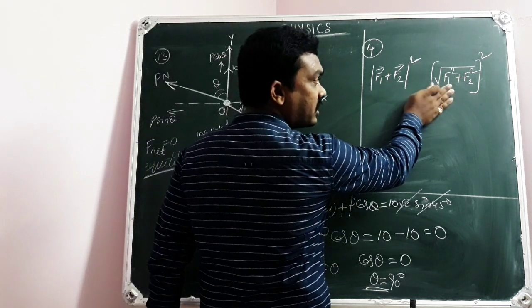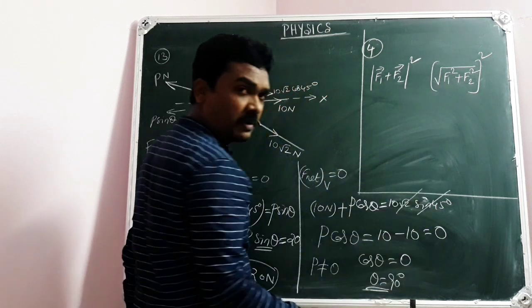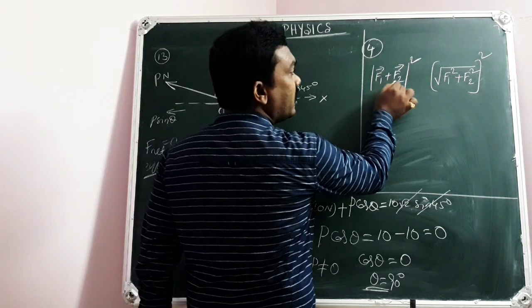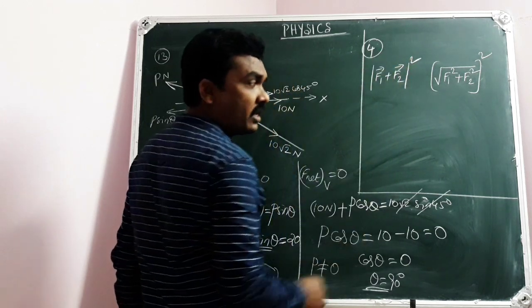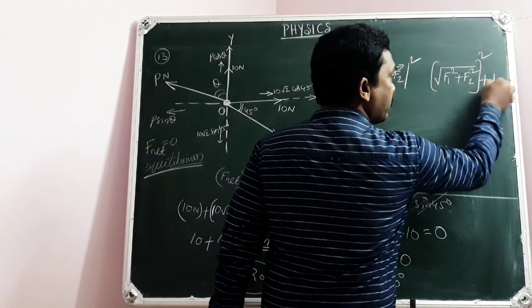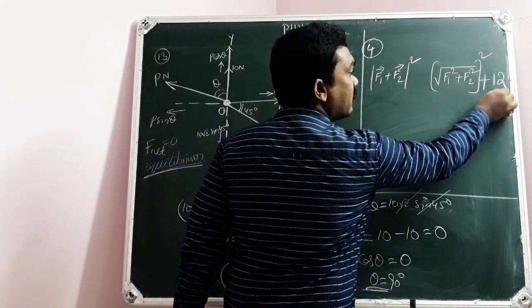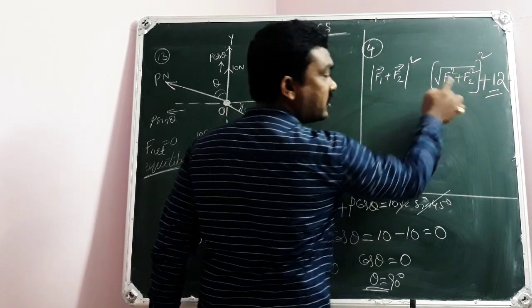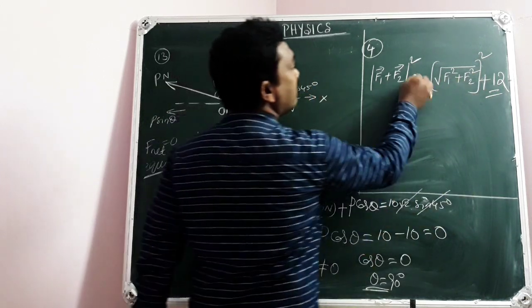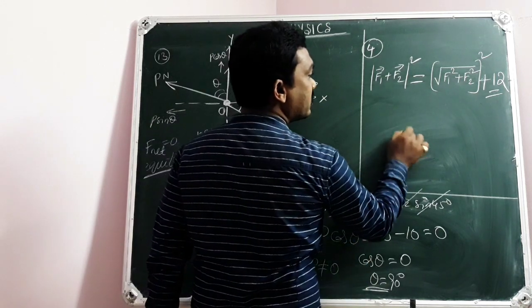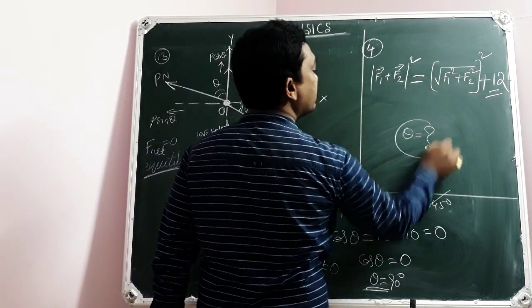The question is, the square of the resultant exceeds by 12 the square of their resultant when they are perpendicular. Then find the angle between the two forces. Theta you have to find.